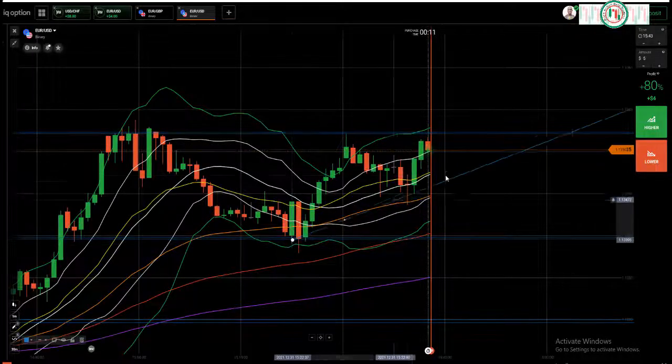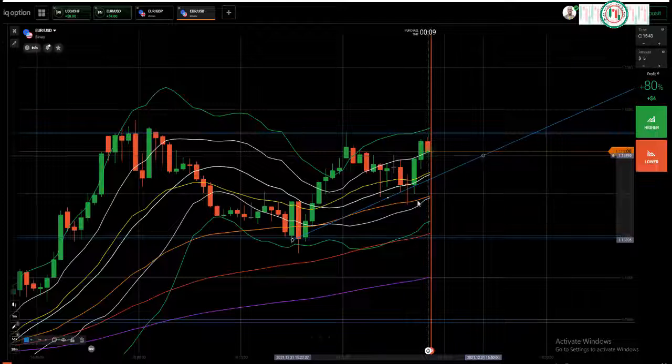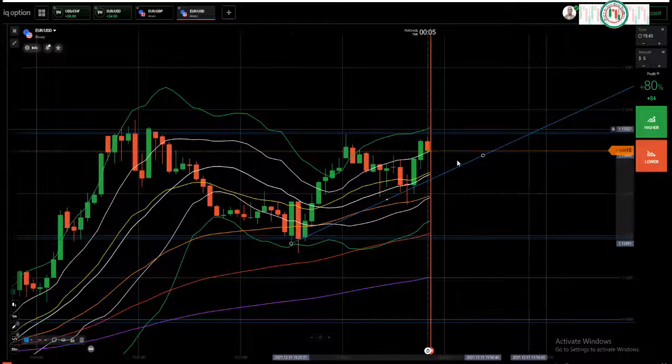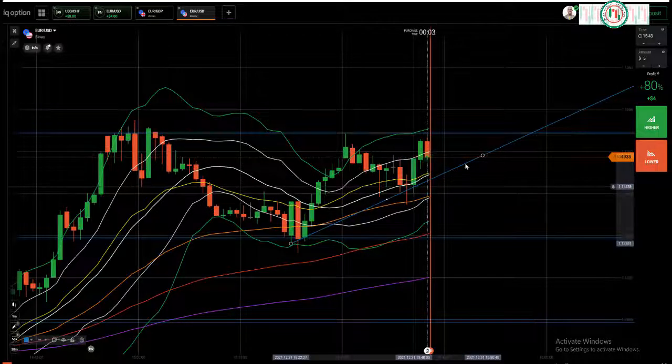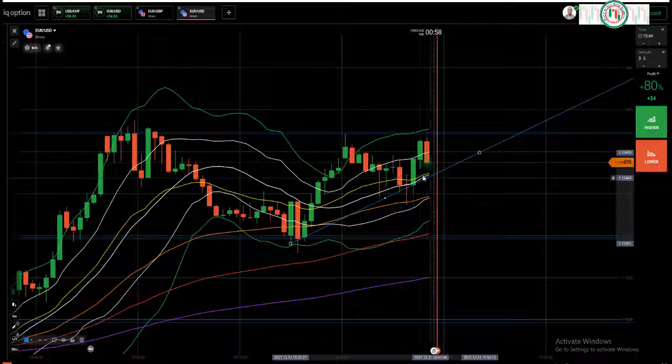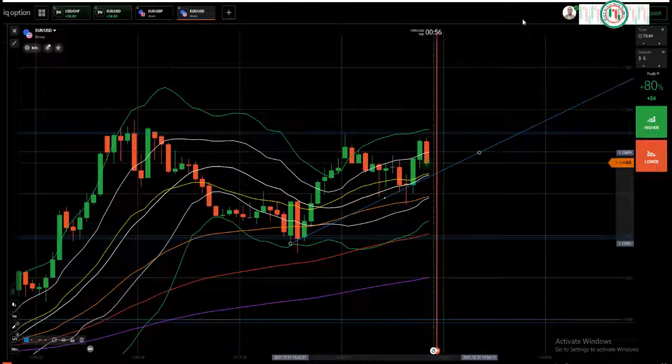Let me draw a level like this. Yes, here, this is a channel. This channel is very strong one, so I will wait for the market to come and touch this channel, then I place my trade, call option.